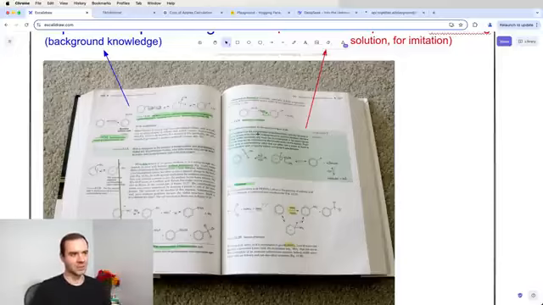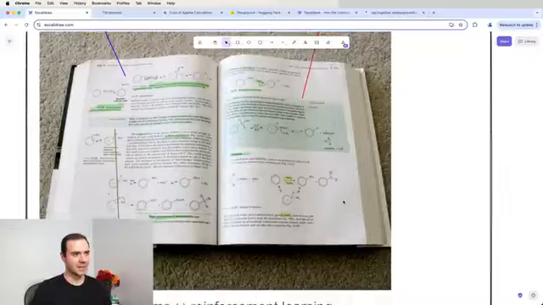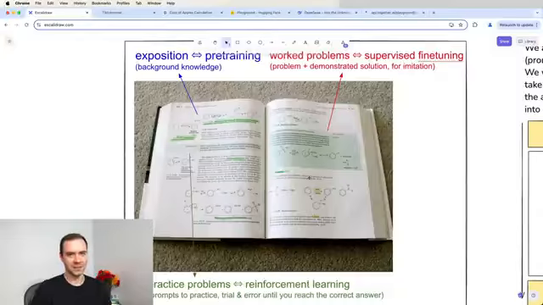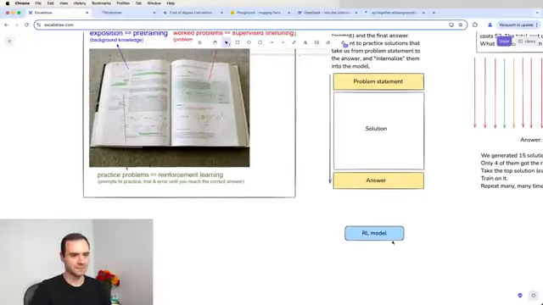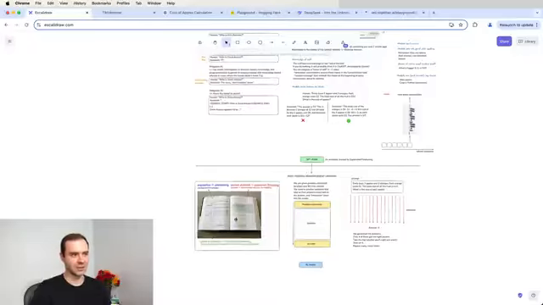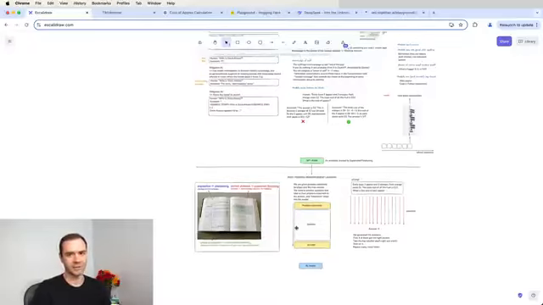That's what you get when you look at all the worked solutions. And then finally, in the last stage, we do all the practice problems in the RL stage. Across all the textbooks, we only do the practice problems. And that's how we get the RL model. So on a high level, the way we train LLMs is very much equivalent to the process that we use for training of children.